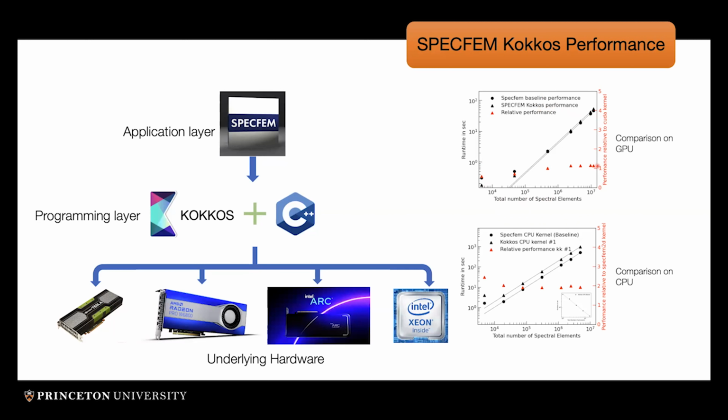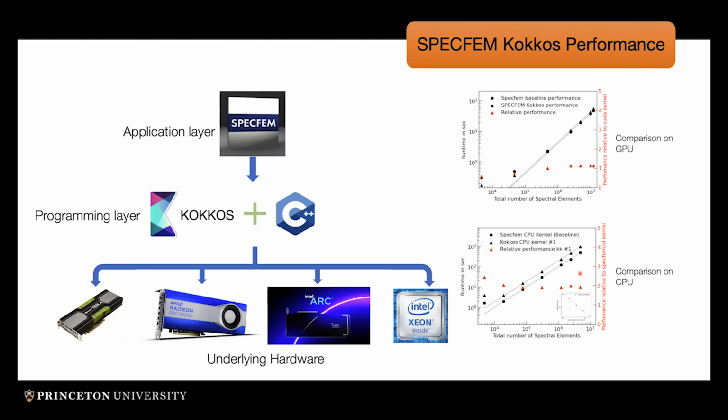In the case of CPUs, rather, we do see a large degradation in performance. That is, the Kokkos version takes twice as much time as the baseline version, the current SPECFEM. The reasoning for that is it's very tough, at least for the kernels that I'm working with, finite element kernels, to be frank, to optimize for vectorization while getting really good performance on the GPU.